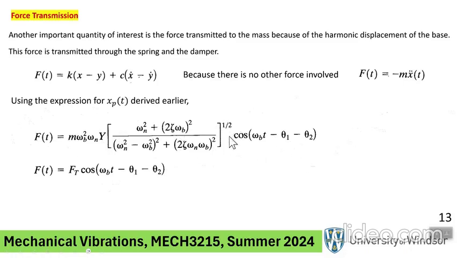You can see that the thing in front of this cosine is the magnitude, the maximum force transmitted to the mass. Okay, and that maximum force transmitted to the mass we call it big F of t, or the amplitude of that variation of the harmonic force.